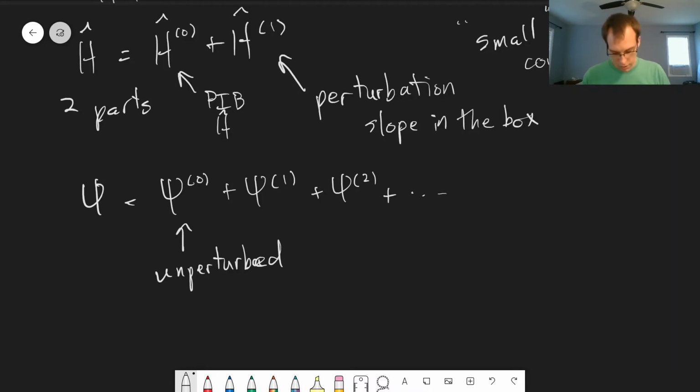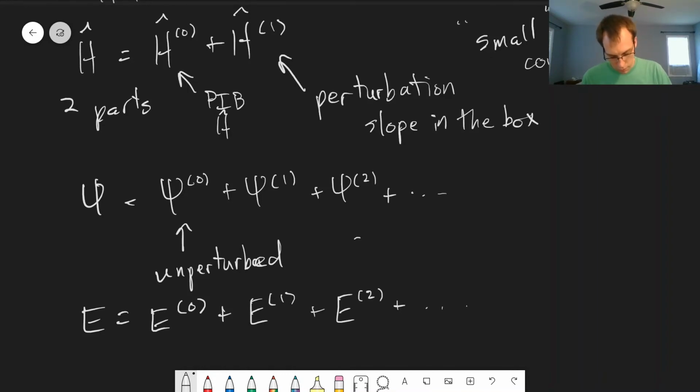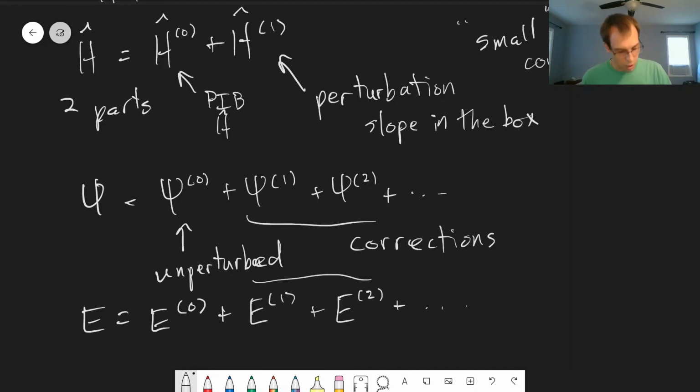Same thing for the energies. We'll have the total energy, the unperturbed energy, the known energy of our system, and then we have corrections: first order corrections, second order corrections, etc. So these terms out here and here are corrections to our unperturbed system.